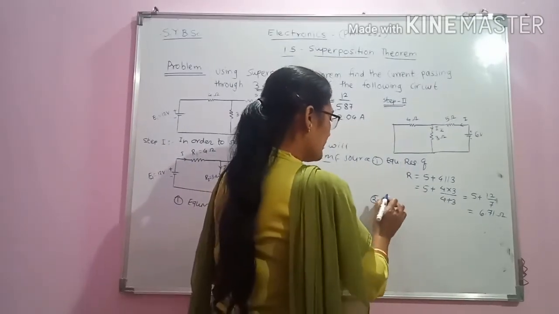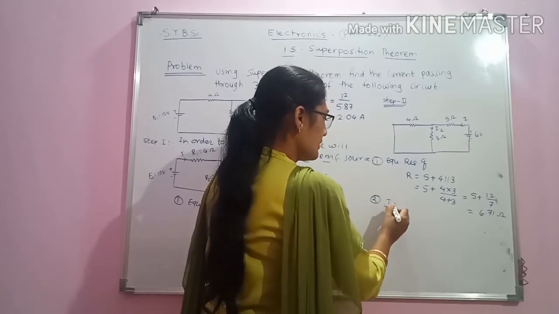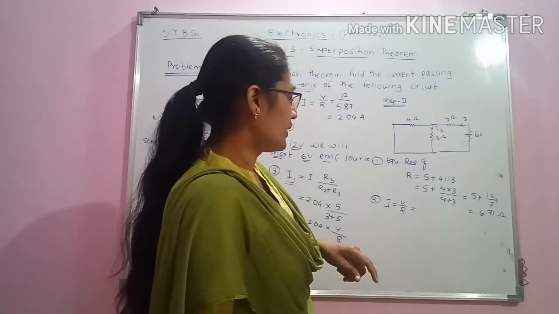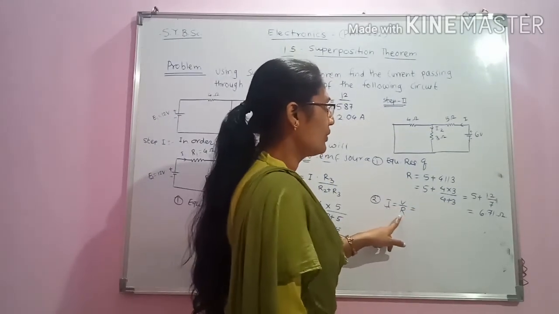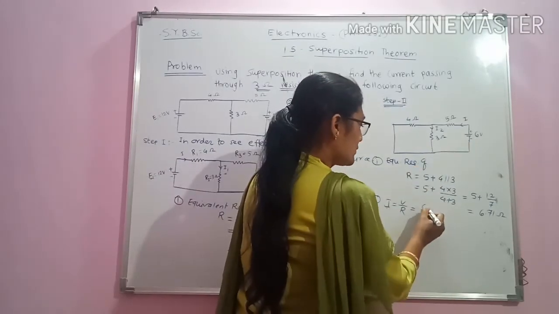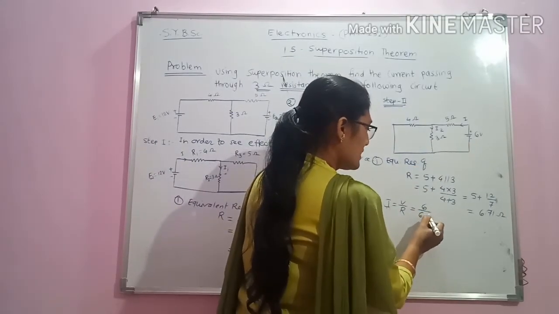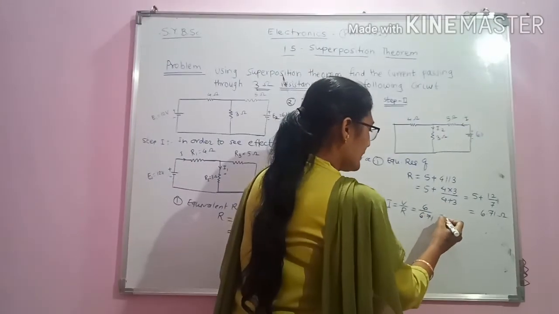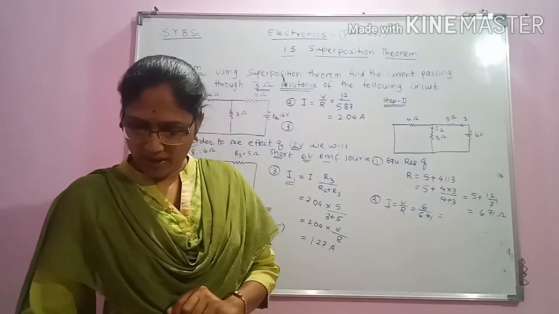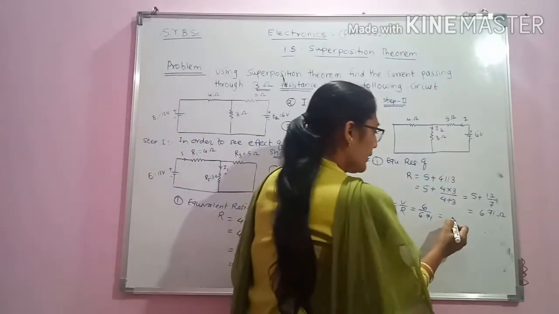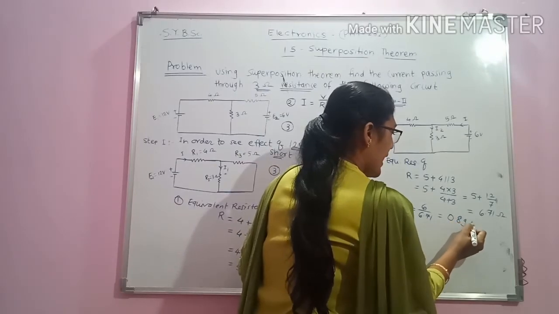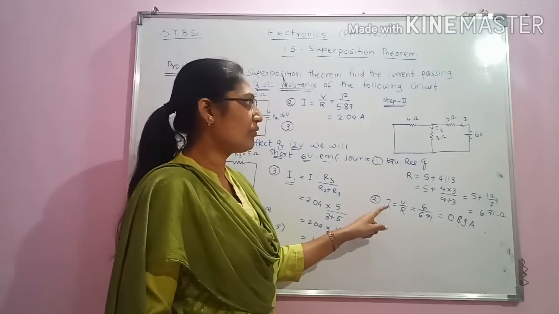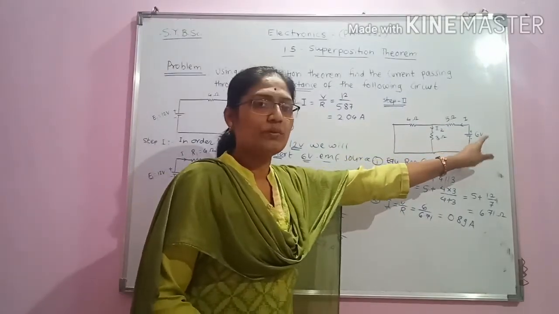We know that current is nothing but V upon R. V is given as 6 volt, divided by R, which we calculated as 6.71 ohm, and it gives us the value of I as 0.89 ampere. 0.89 ampere is the value of current due to this 6 volt battery.